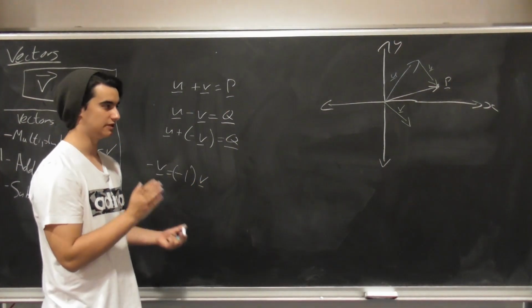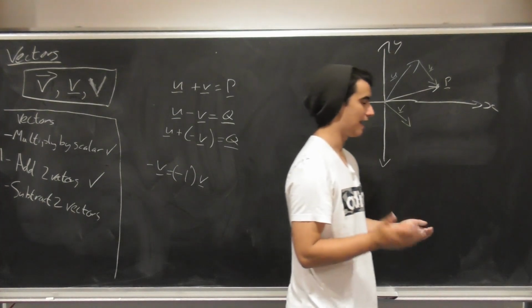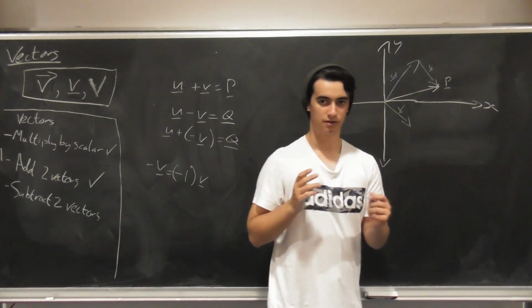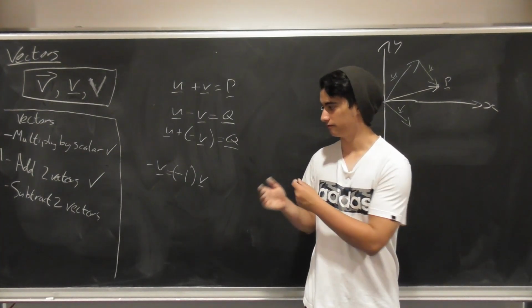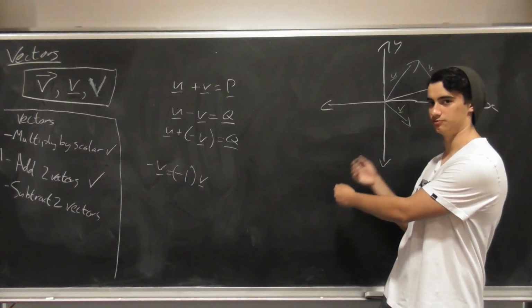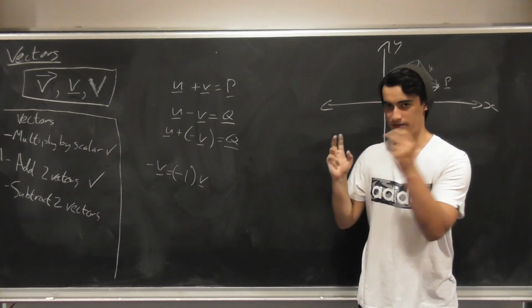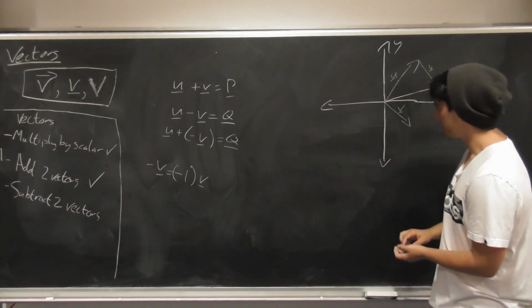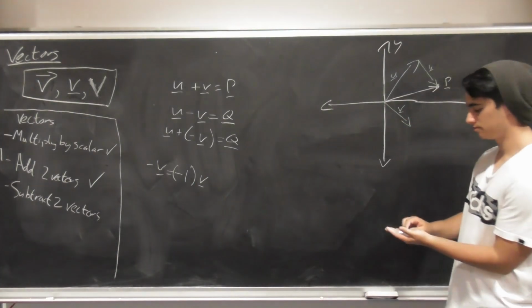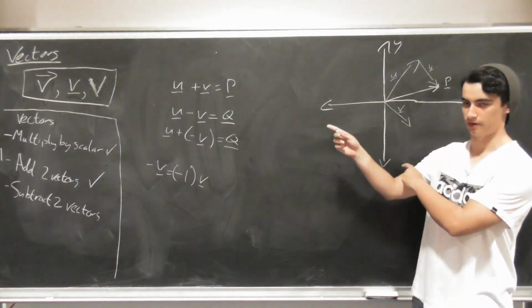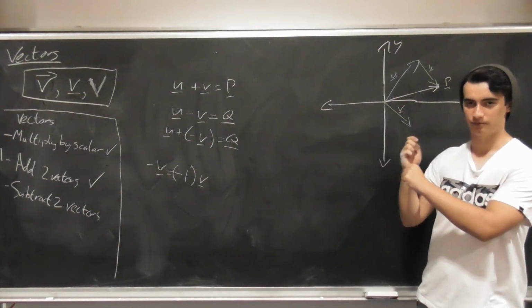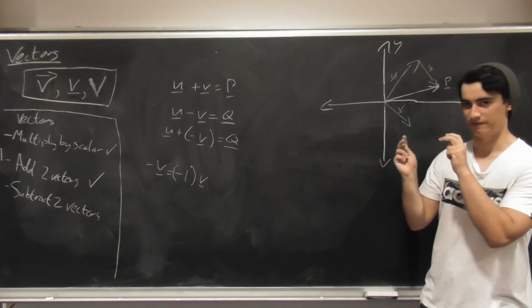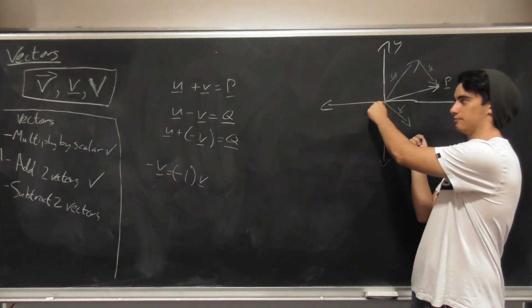And now graphically you might ask, how does this work? Instead of scaling it by a certain amount, so we stretch it or compress it, how are we using a minus 1? Well, the way that that will work is by flipping it, right? So this is how we can change the direction of a vector, by multiplying it by a scalar.